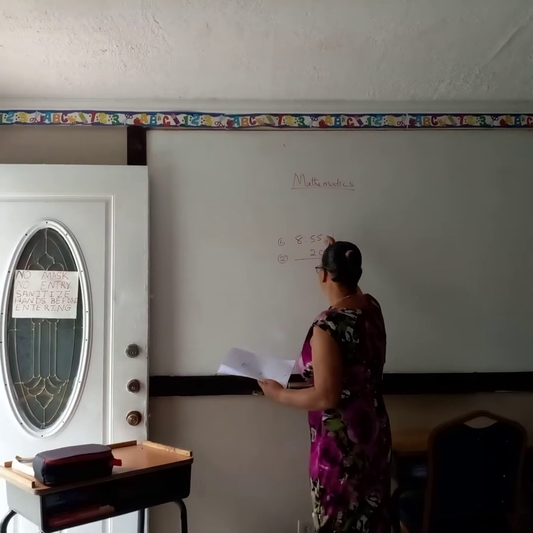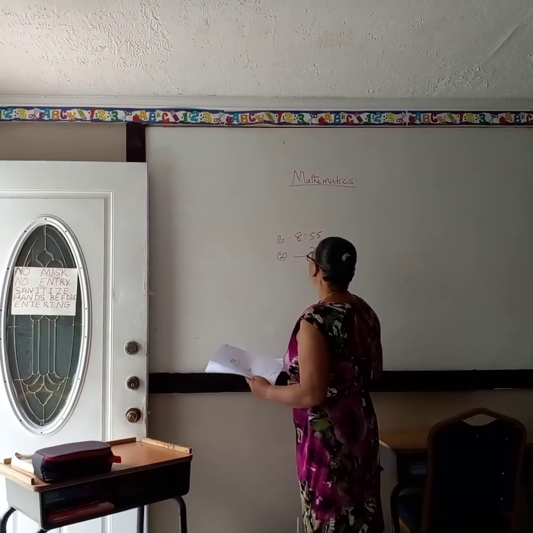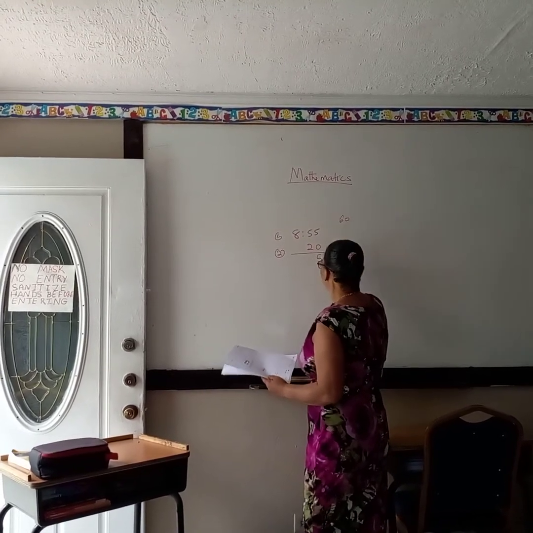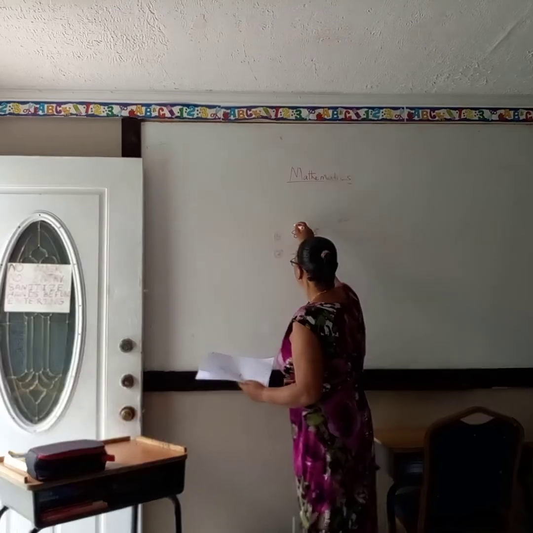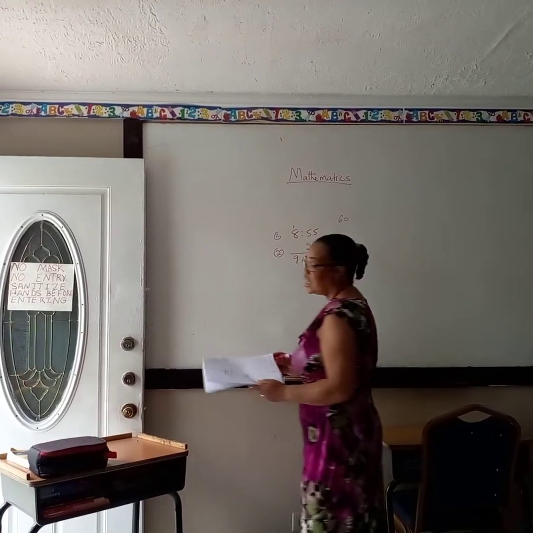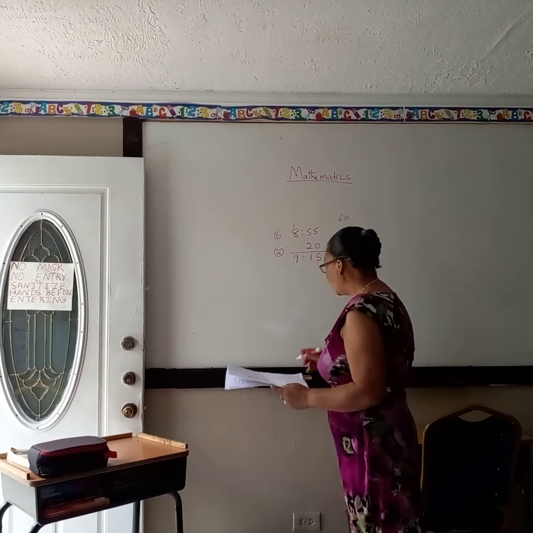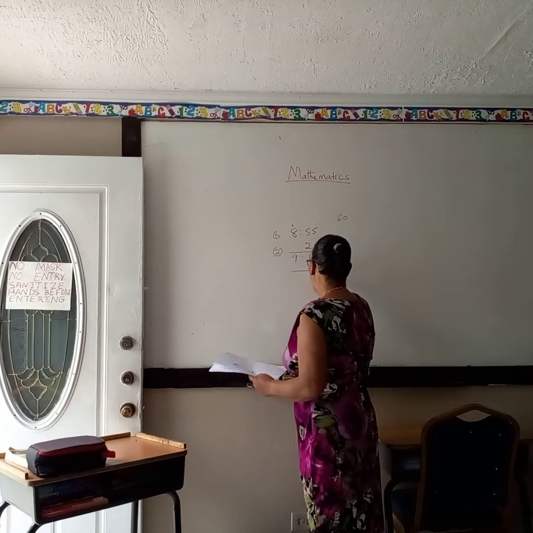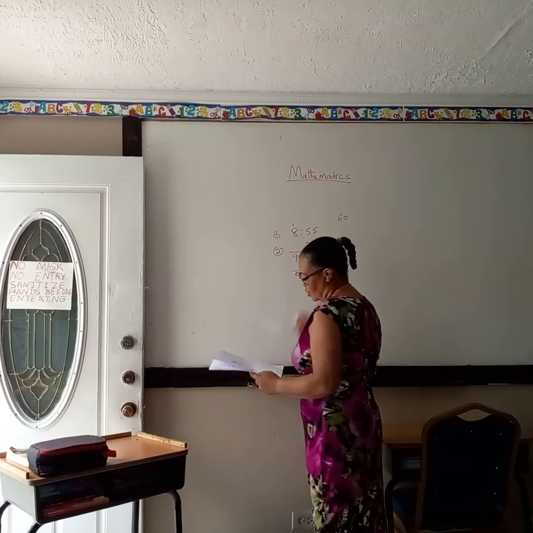If I do 0 plus 5, that's going to be a 5. 5 plus 2 is 7. Because it's more than 60, I'm going to put 1 and I'm going to carry 1. So the second bus will leave at 9:15. 20 minutes later, it's going to give me 2 plus 1 is 3, 9:35.